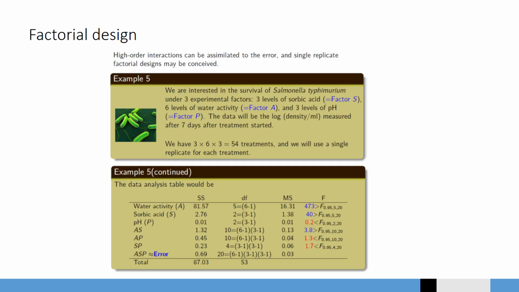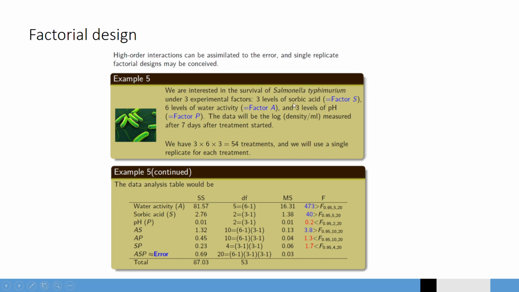So this factorial design is much more powerful in the sense of the statistical power that we were discussing before. And these factorial designs also allow you to reduce a lot the number of samples. So for instance, let's say that you are interested in the survival of some bacteria under 3 experimental factors.